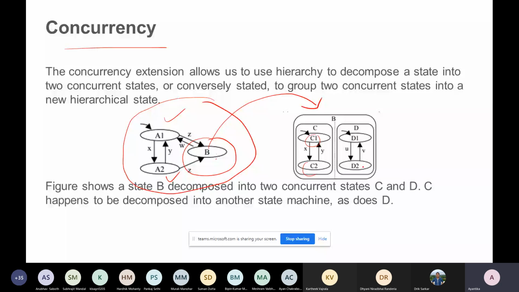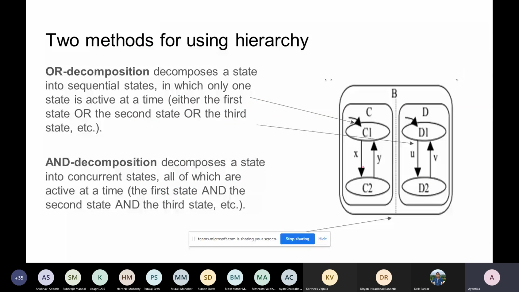Now if we just focus on B, you may think that when you have a problem and a specification, you take the top-down approach. You identify the master states and then go into detailed conditions and detailed requirements of each of the states. So here we are looking into state B, which can again be decomposed into C and D.